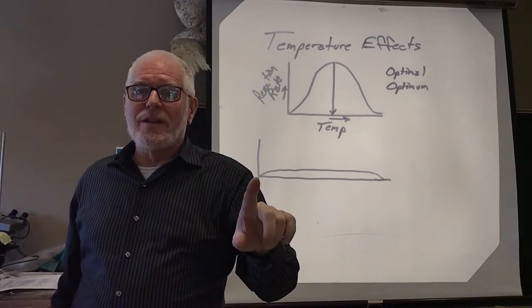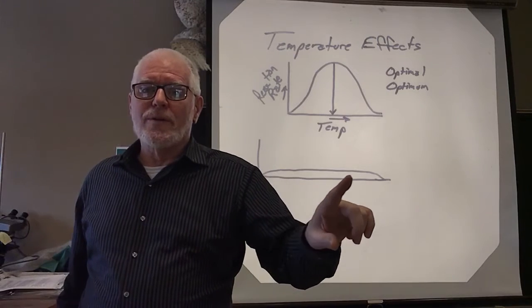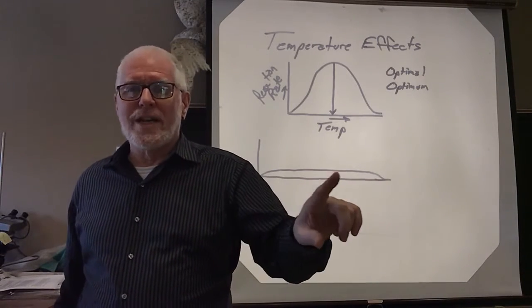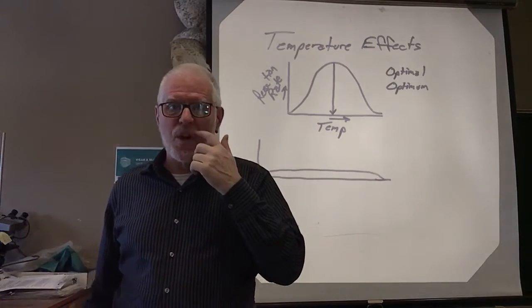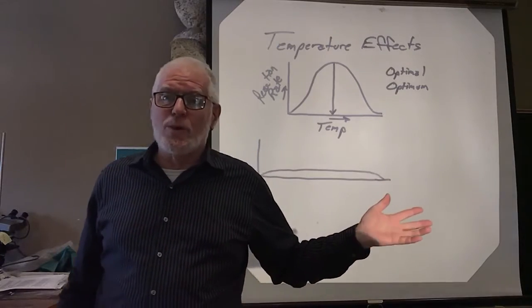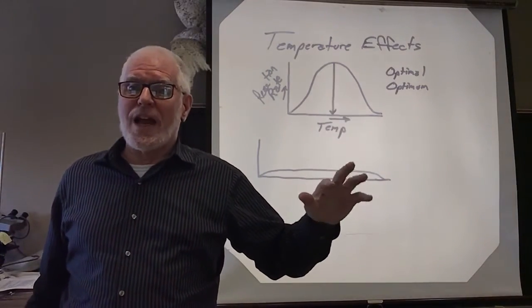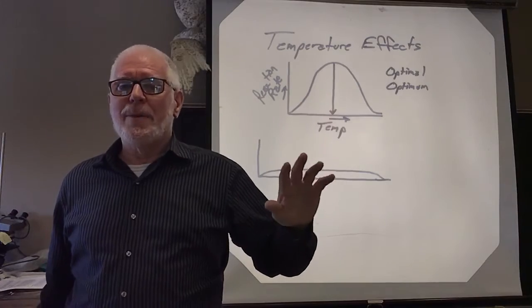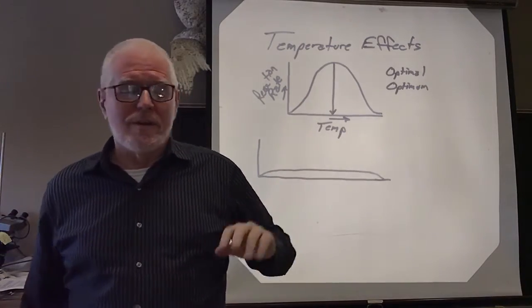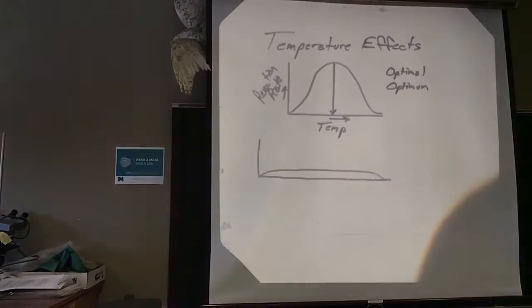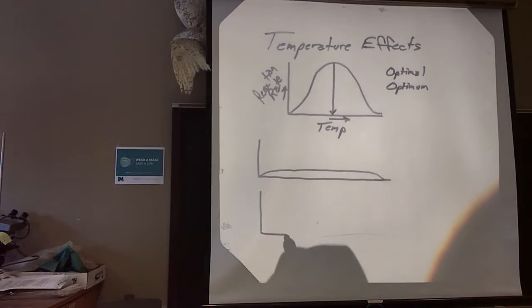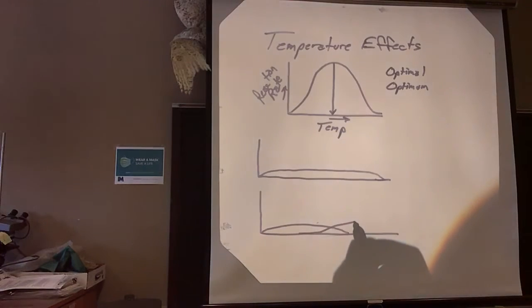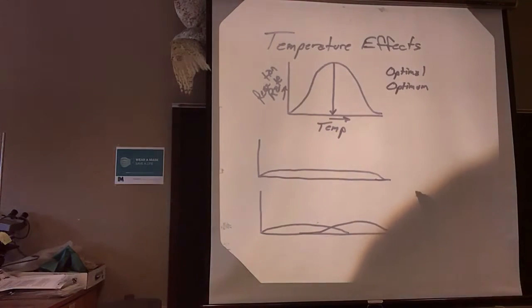It may not work that well in the wintertime, but for the broad range of what it needs that enzyme to be working. It may not need it to be working super, super well. It may not have a really high optimal rate, but as long as it can work properly. What you find in some animals, here, this is a better curve.